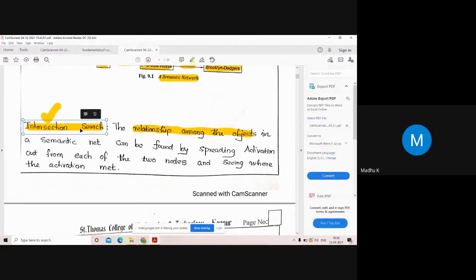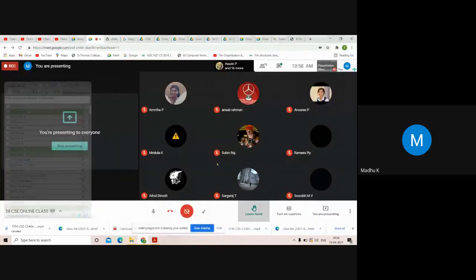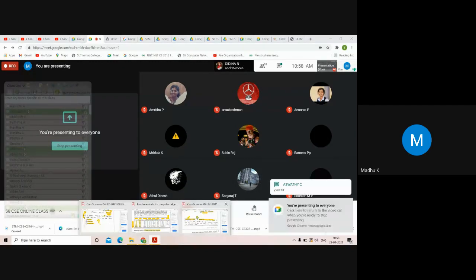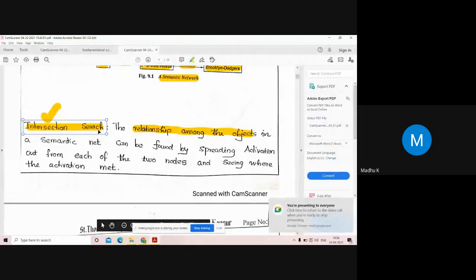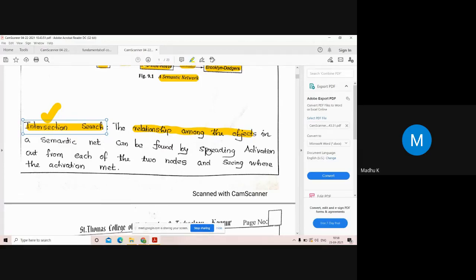So what is the use of intersection search? The relationship among the objects in a semantic net can be found by spreading the activation out from each of the two nodes and seeing where the activation met.